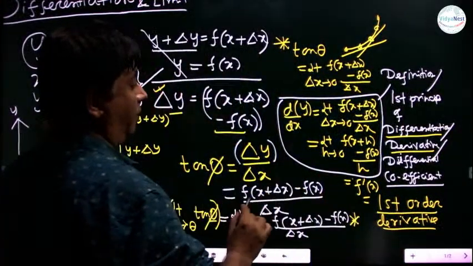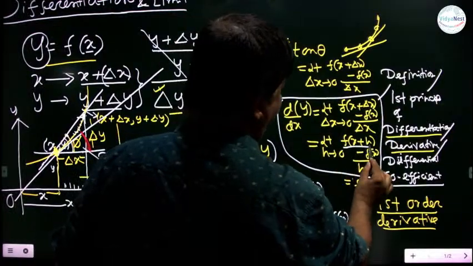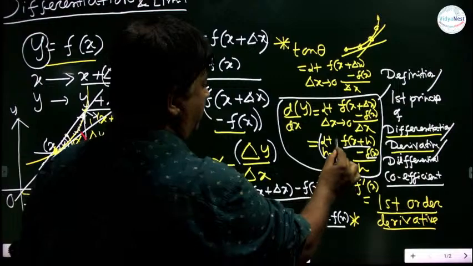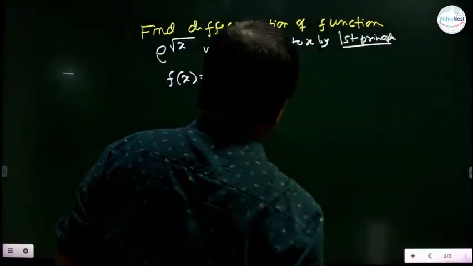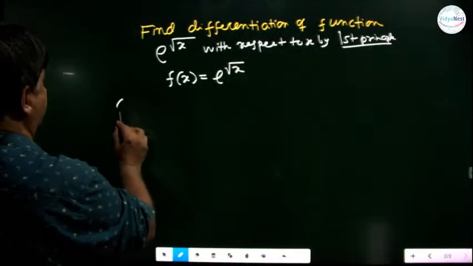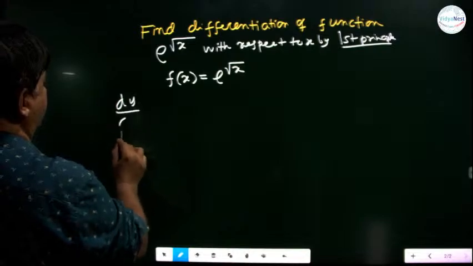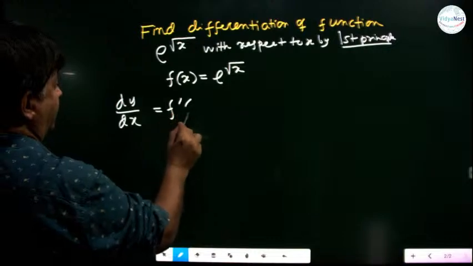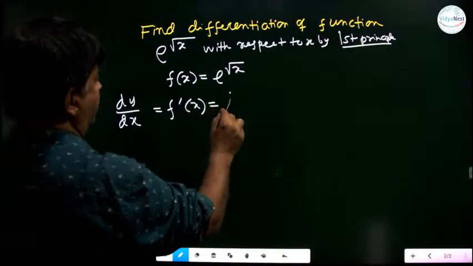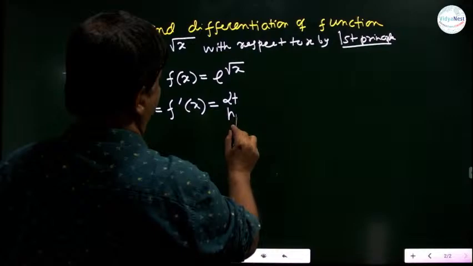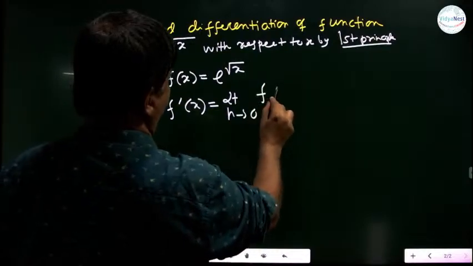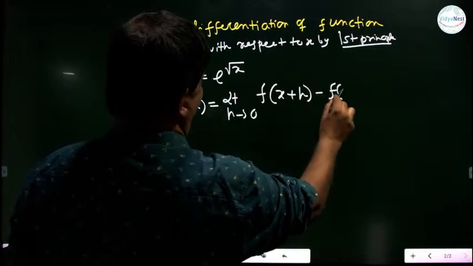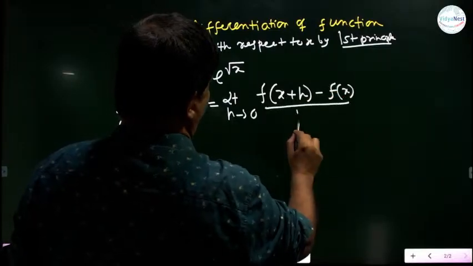Let us recall: dy/dx or f dash x is limit h tends to 0, f(x plus h) minus f(x) by h.